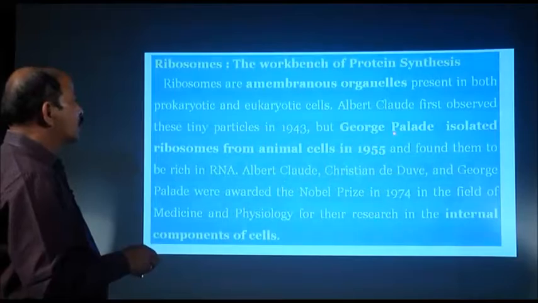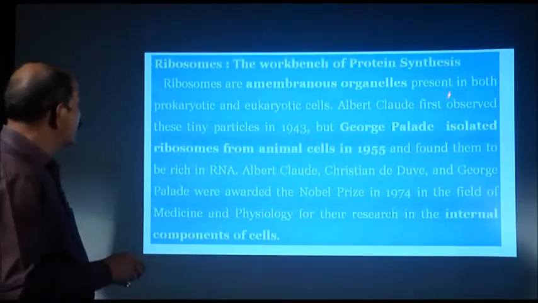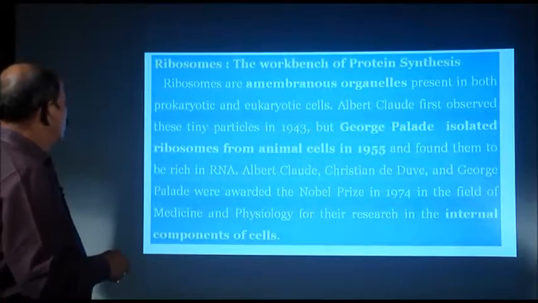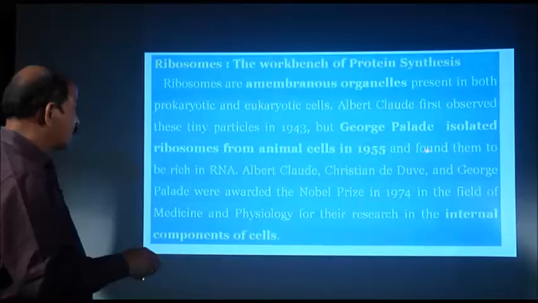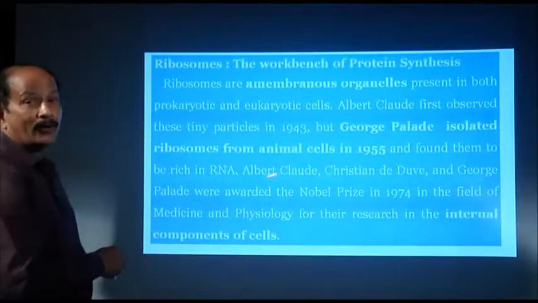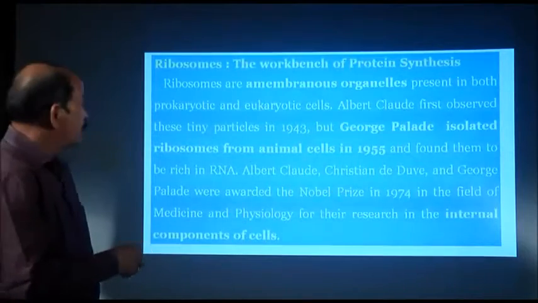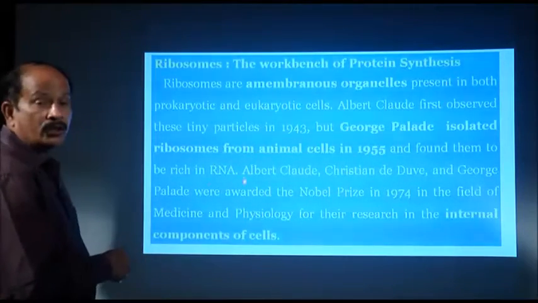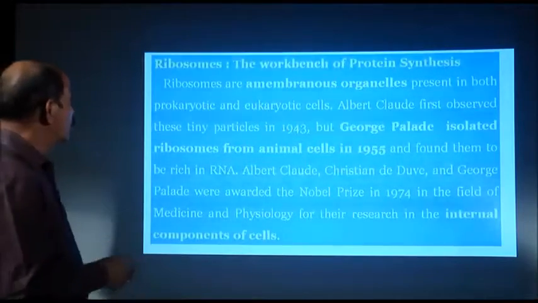That is why sometimes these ribosomes are called Palade particles. He found them rich in RNA. I told you composition wise, weight wise, each ribosome is around 60% rRNA and 40% nearly protein.